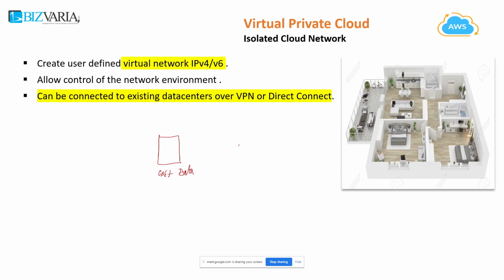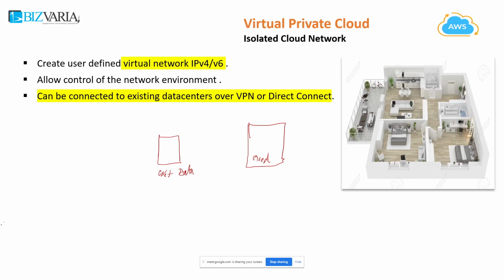Now they decided to move some of their services, some of the resources, to the cloud. So when they move some services to the cloud, how are they going to communicate? For that, they need a connection between their premises.